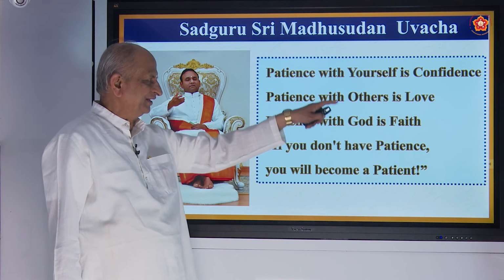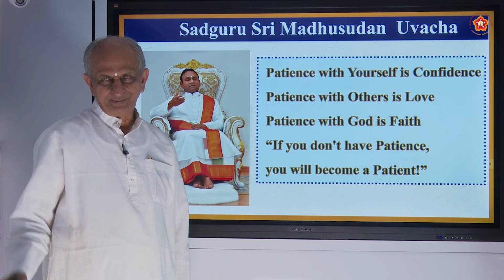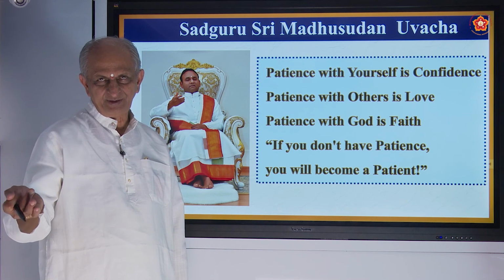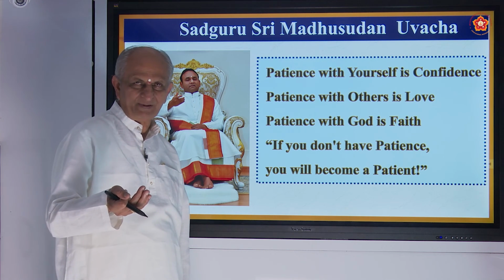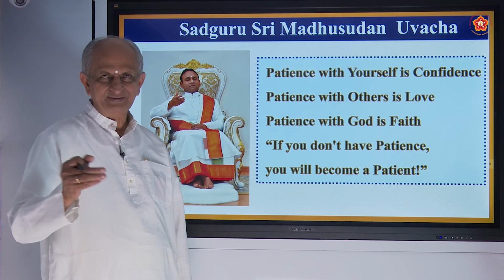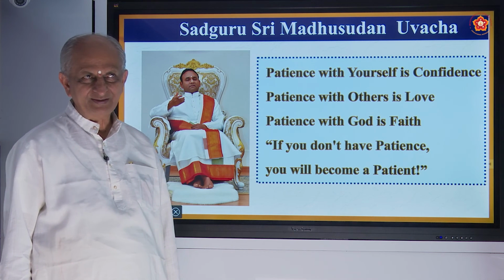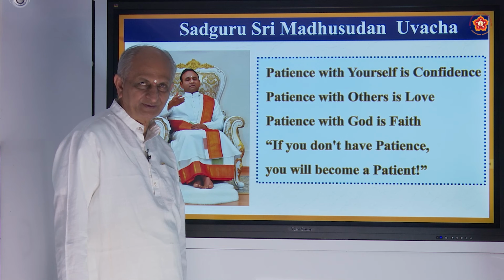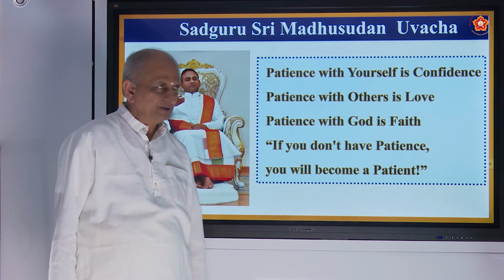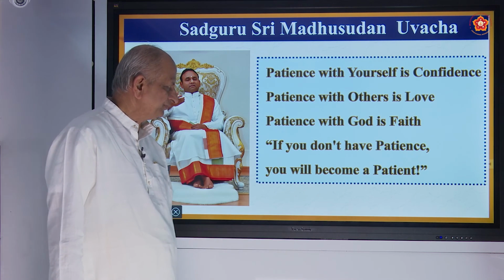Patience with others is love. Suppose your friend is having some difficulty. He can't read properly, he can't write properly, he can't walk properly, he can't see properly. You should go with patience with such persons, such boys or girls. Then we call it love.